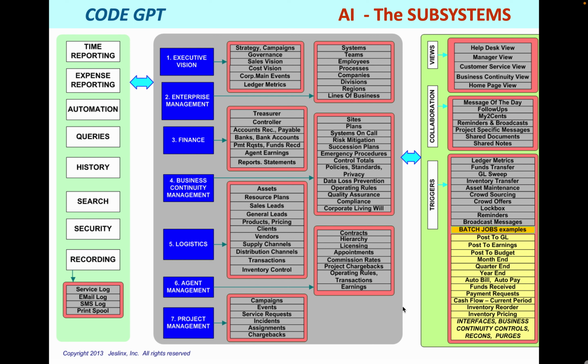This screen summarizes the 7 subsystems in our suite. They include executive, enterprise, finance, business continuity, logistics, agent management, and project management. These match up very well with the existing mainframe equivalents and are envisioned as their replacement in the cloud.